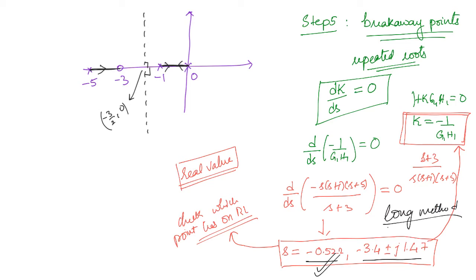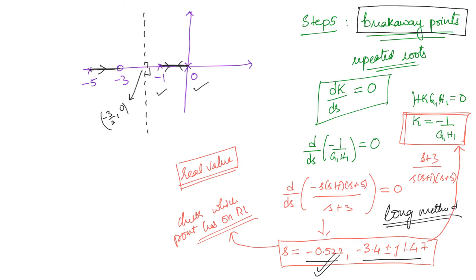The easier way, instead of substituting all the values of s and checking whether minus 1 by g1 h1 is real or complex, is this: the breakaway point will always lie between consecutive poles or zeros. If you see the 0 and minus 1 here, these are adjacent poles, right?